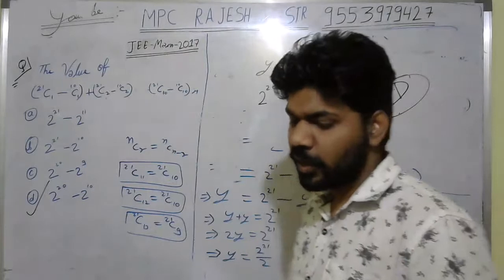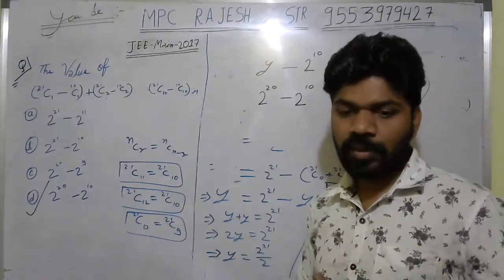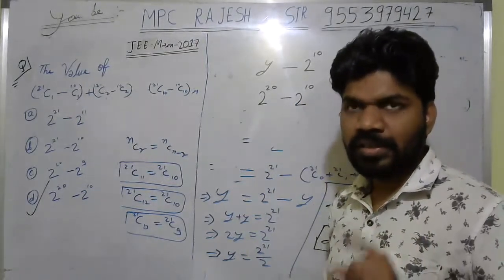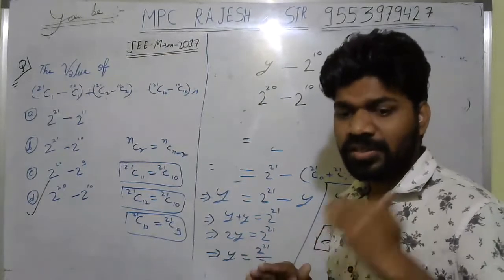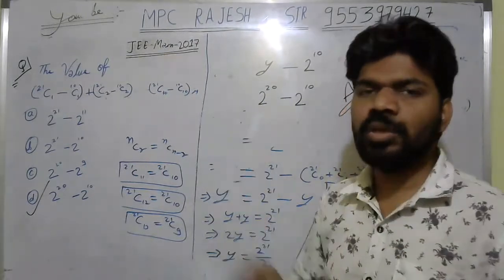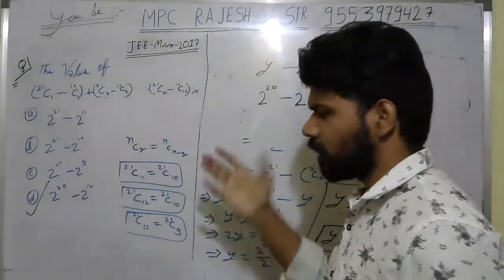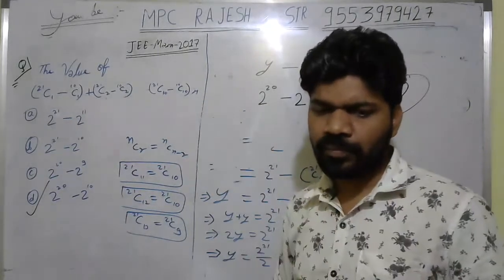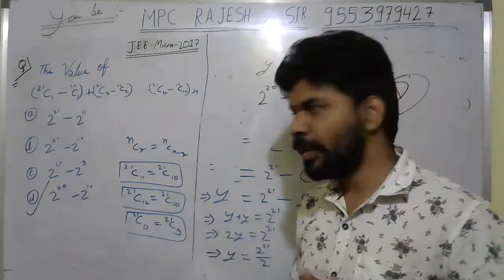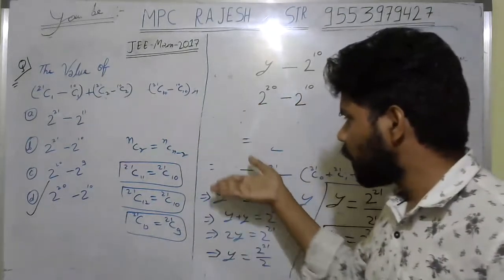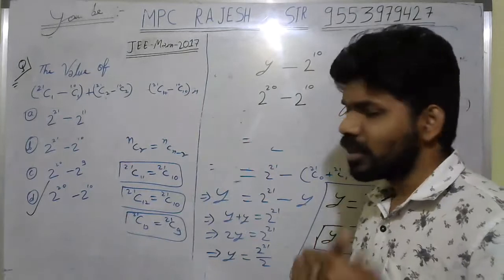That is the important formula we explained: C n 0 plus C n 1 plus dot dot dot plus C n n is equal to 2 to the power n. That formula is applicable here. While you calculate, you apply it. Then, during the calculation, some logic will apply.